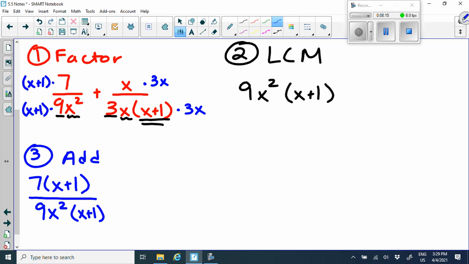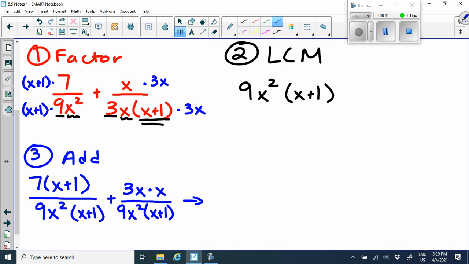Now, in our denominator, we are not going to multiply. We're going to leave it in factored form, because our final answer needs to be left in factored form. Then I have 3x times x, and I do the denominator, because that needs to be exactly the same. So notice now we do have a common denominator, and now we can do some multiplying and then combining like terms.